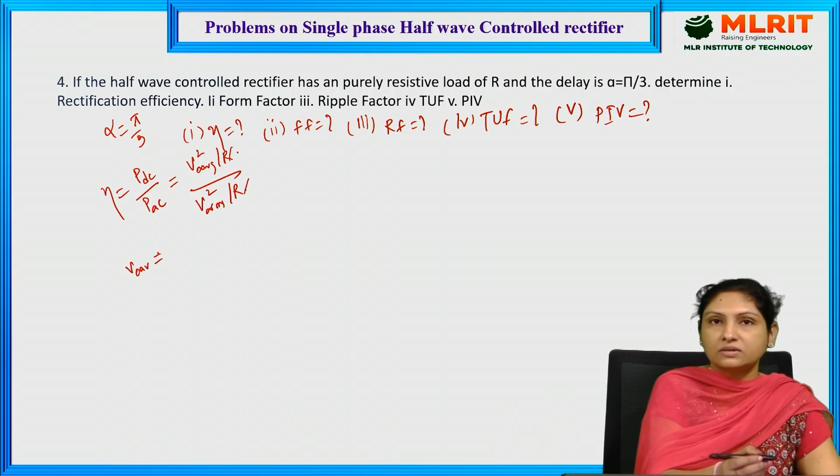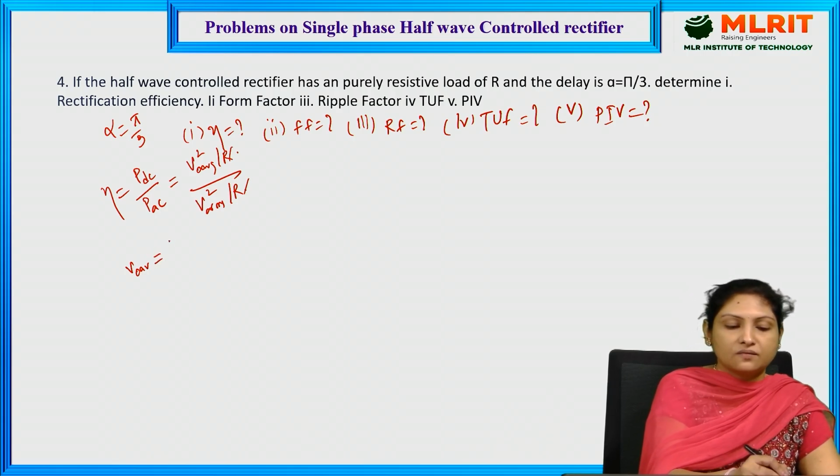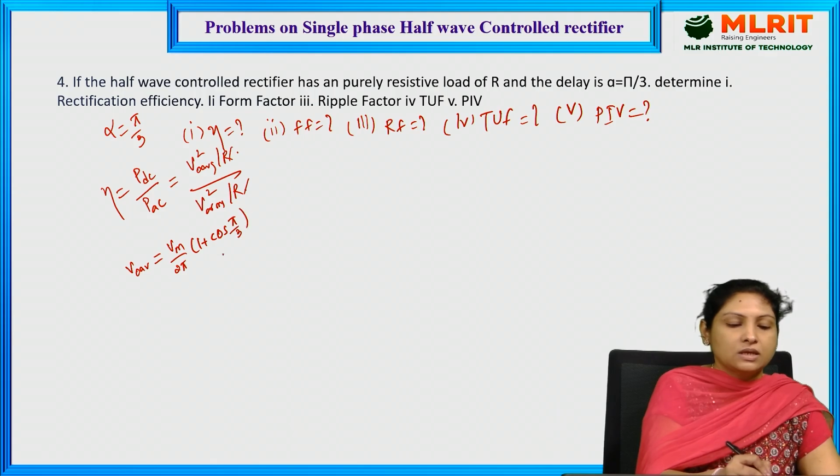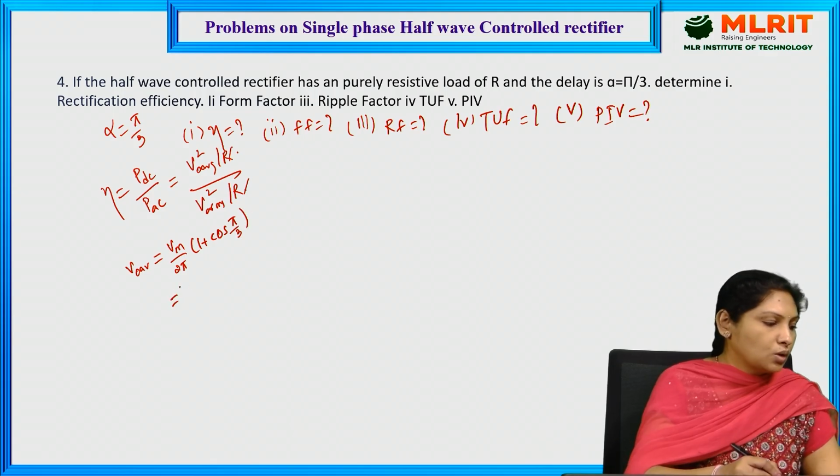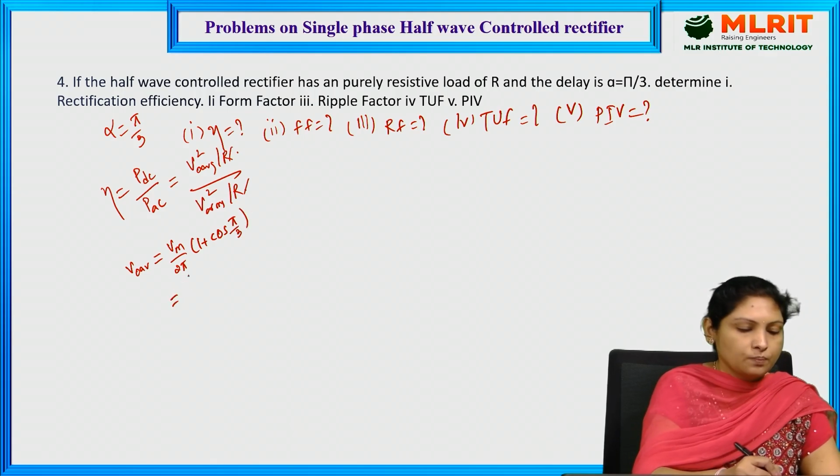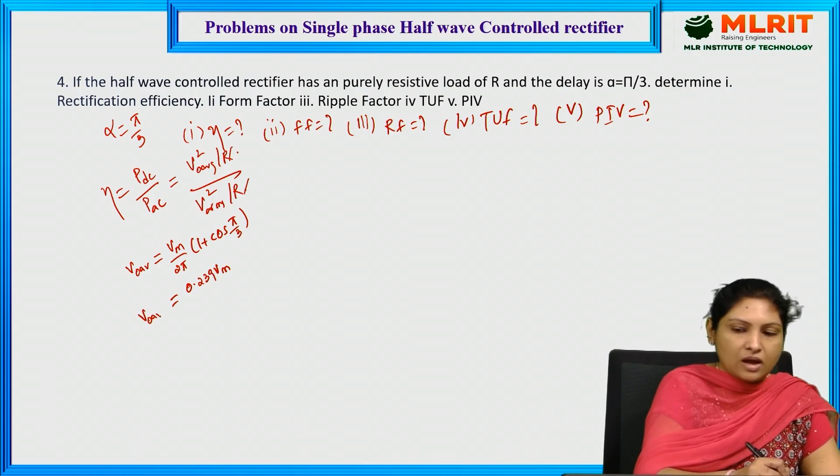As far as a single phase half wave controlled rectifier with R load, we have Vm by 2 pi (1 plus cos alpha), where alpha is equal to pi by 3. In that case, if we resolve this, we get V naught average is equal to 0.39 times V maximum. That is your V naught average.